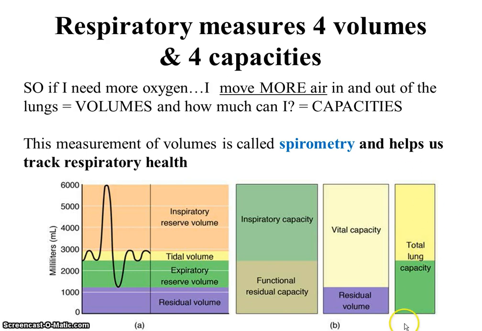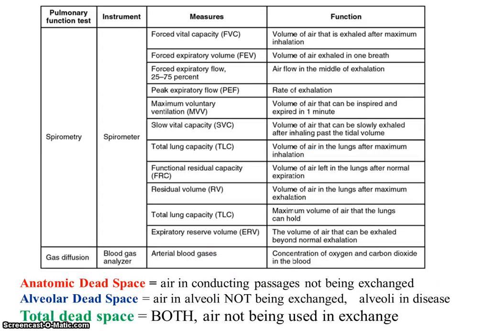Your inspiratory, expiratory. All right, so this we look at in lab as well, and we look at it in PhysioEx. So this is showing you the ideas and defining these. The pulmonary function instrument is called spirometry. It's done by a spirometer. And then we have gas diffusion and blood gas analyzers, which are different ways to measure.